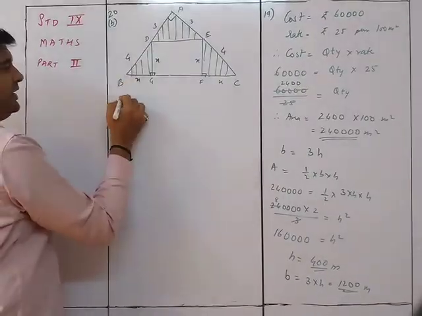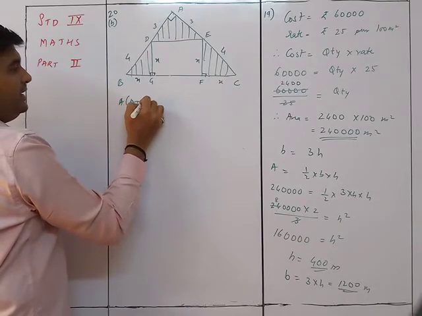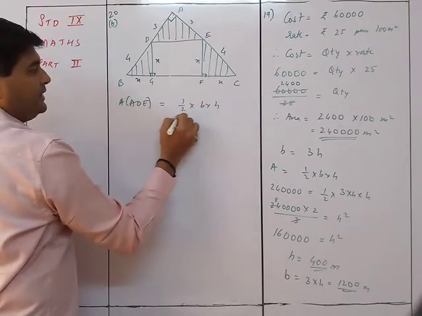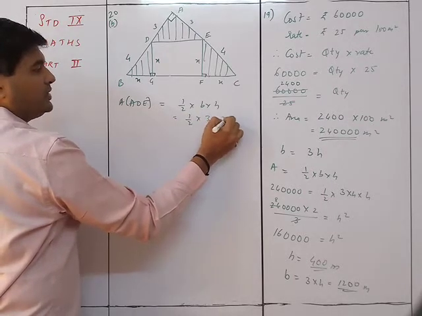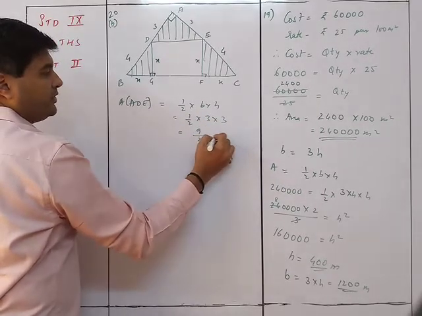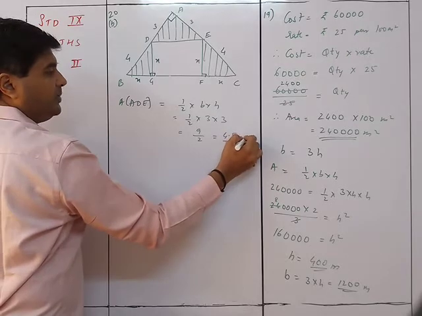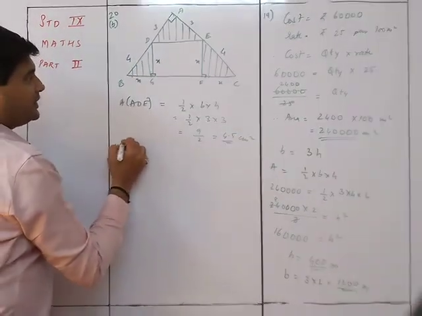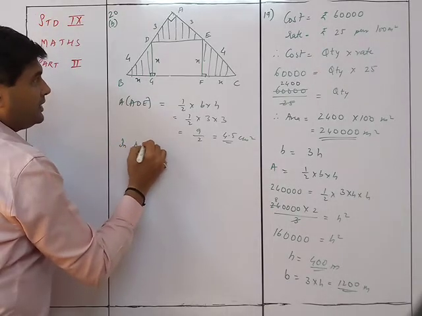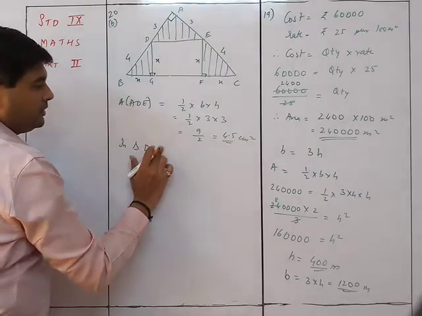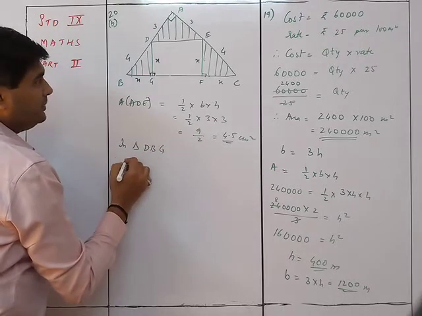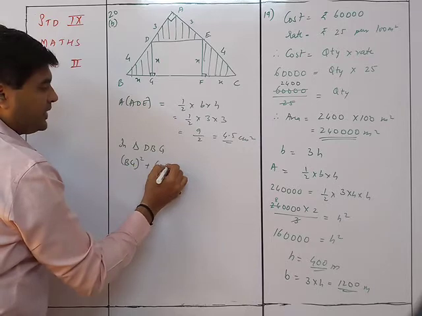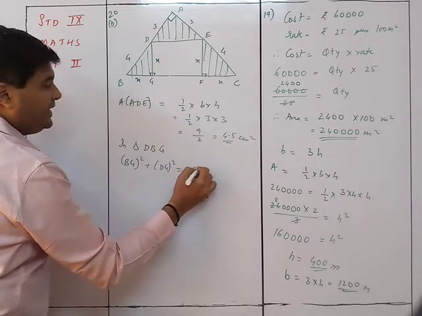Accordingly, area ADE will be equal to half into base into height, which is half into 3 into 3, equal to 9 upon 2, equal to 4.5 centimeter square. Now I know over here that by Pythagoras theorem in triangle DBG, BG square plus DG square is equal to BD square.